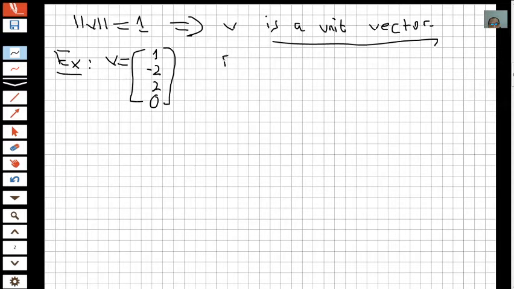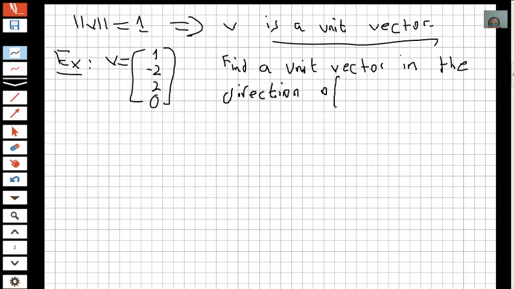Find a unit vector in the direction of the vector v.